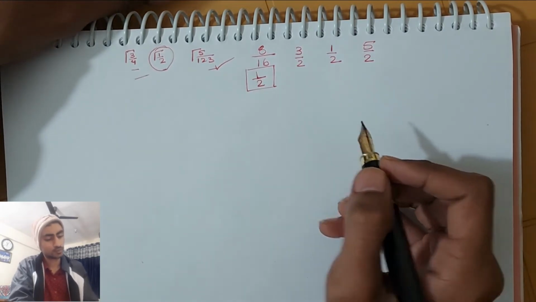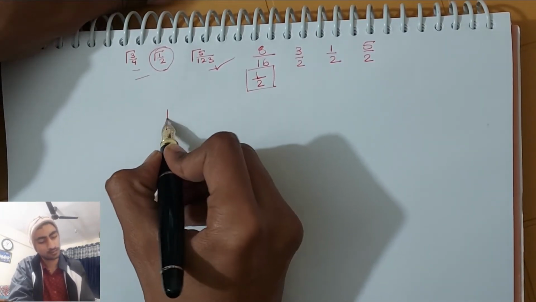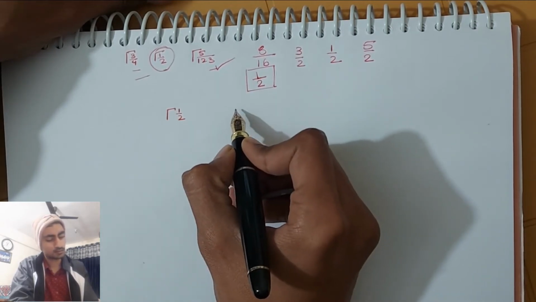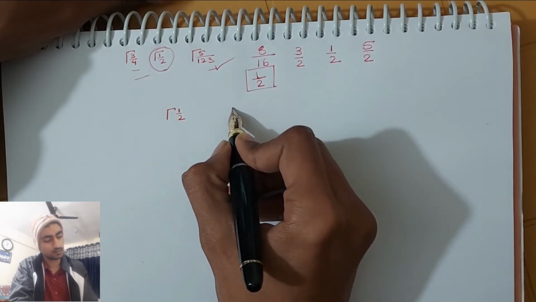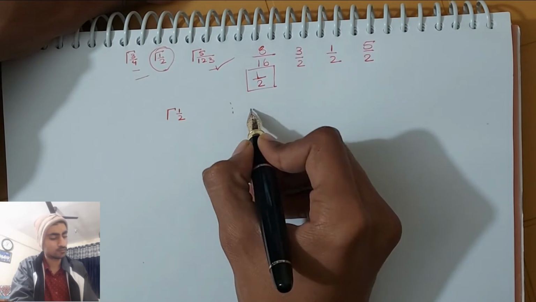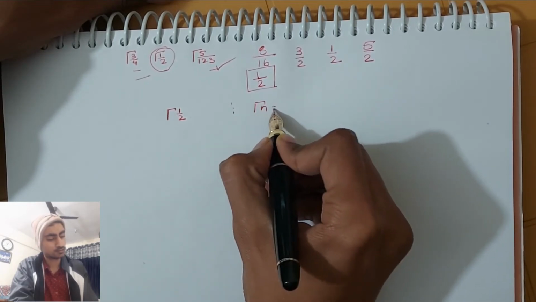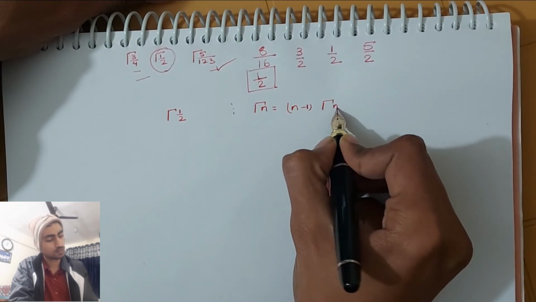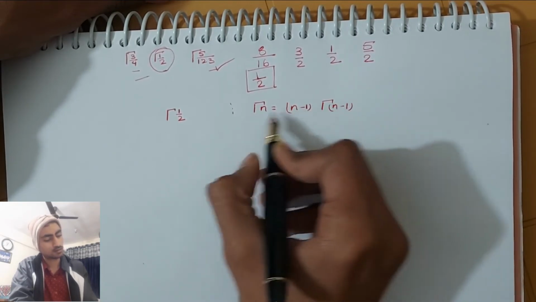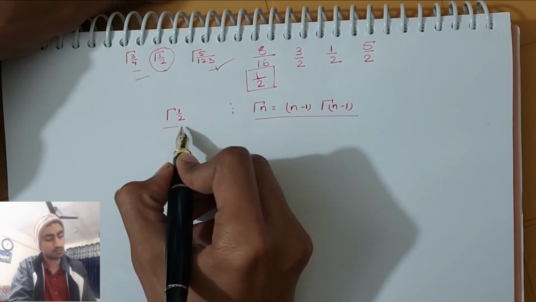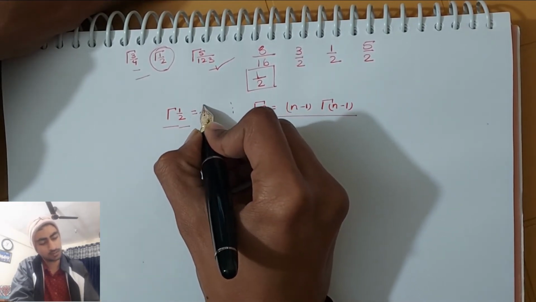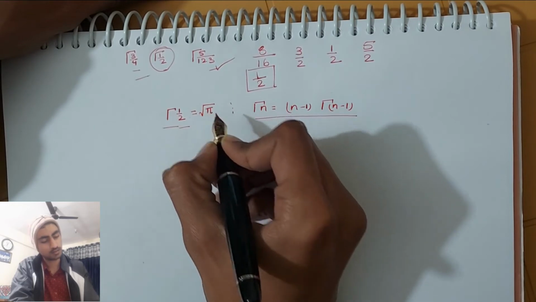For that we will use two things: gamma of 1 by 2, and the relation that we just derived, that is gamma of n is n minus 1 times gamma of n minus 1. This relation, and the value of gamma of 1 by 2, which is equal to root pi.